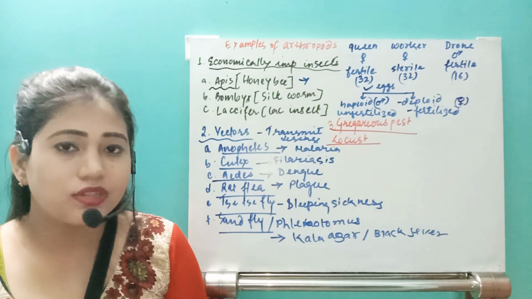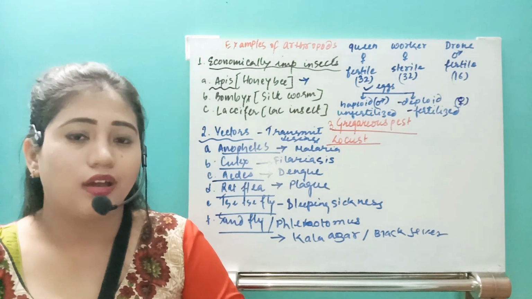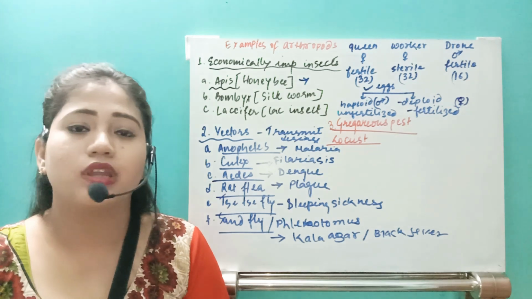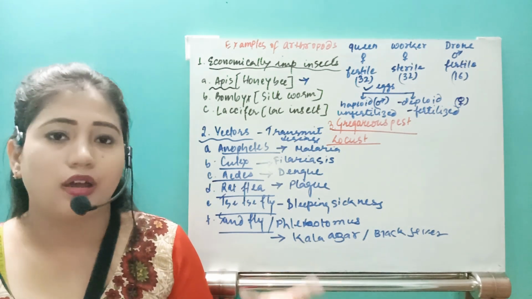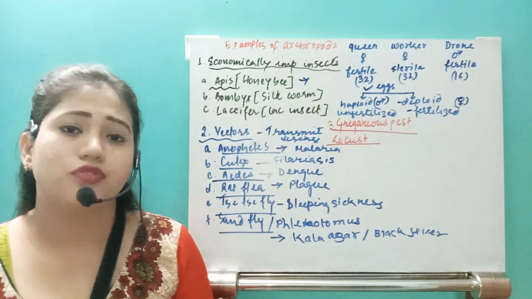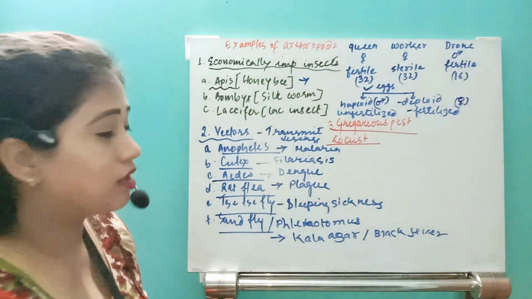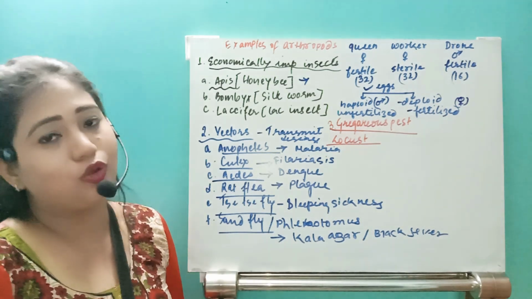This is happening in India right now. It is very dangerous in different sites from Bihar, UP, all these regions. They have already destroyed lots of crops. So this is a gregarious pest, that is locust.